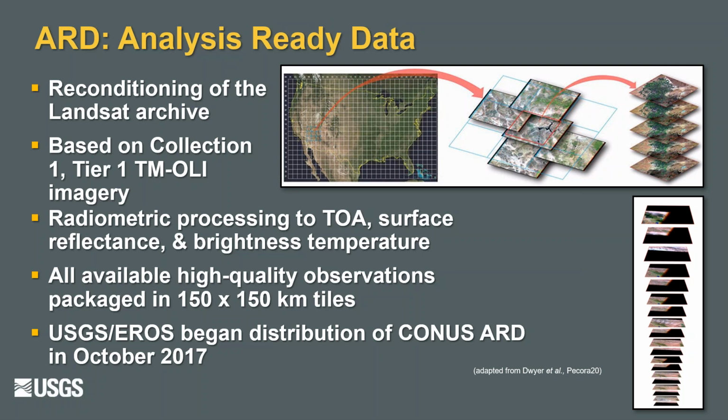So that sets the stage for the kinds of changes that we're trying to detect. And again, I said the ARD was foundational to us, and I won't dwell on this too long, but this is the representation of reconditioning of the Landsat archive, so that the pixels are nicely stacked up. We focus on geometric registration and accuracy. We also do radiometric processing to top of atmosphere.